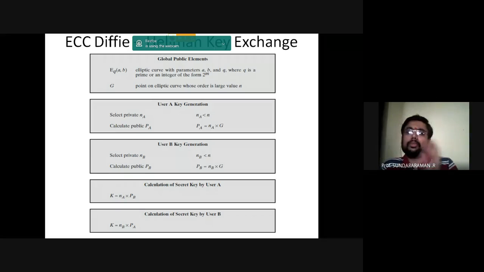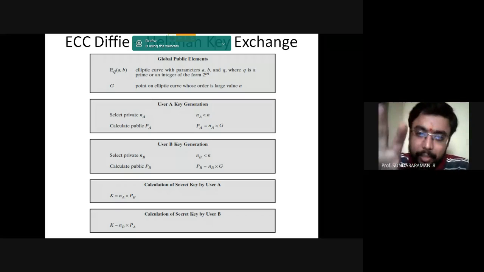User A computes the public key by applying scalar multiplication between the chosen NA and the point G. So he will be generating one public key PA, which he shares with user B. User B chooses NB and performs one scalar multiplication with G. Both user A and user B perform scalar multiplication using the same point, but the scalar will be different at user A and user B. Therefore, PA will not be equal to PB.